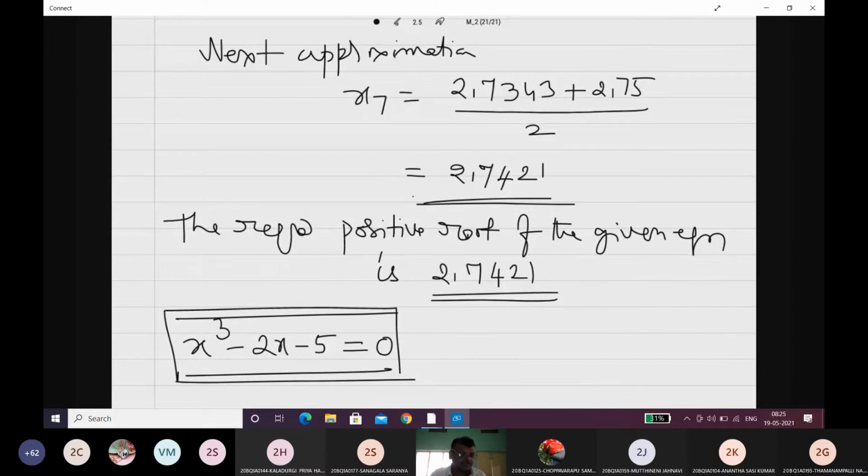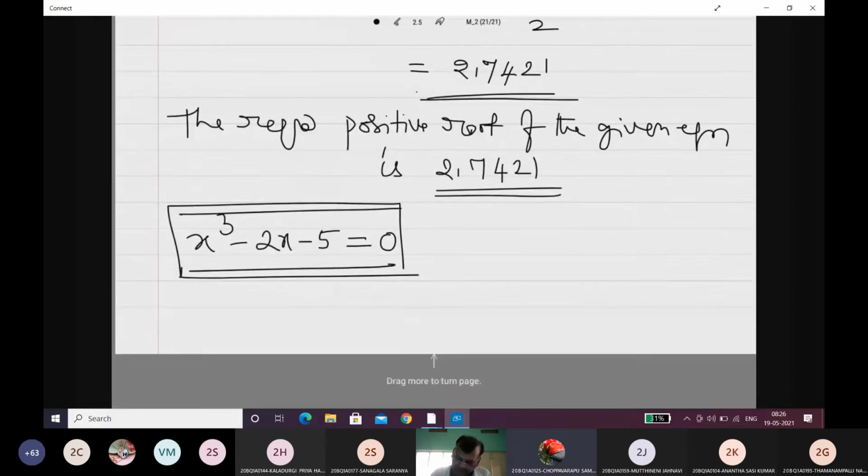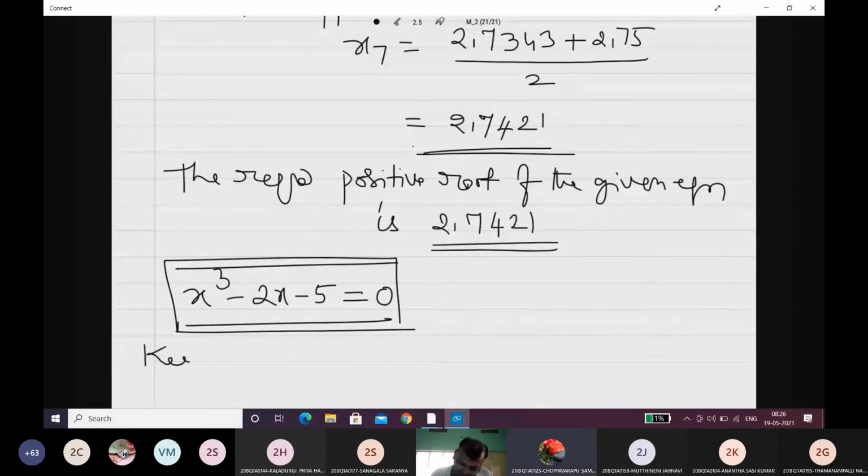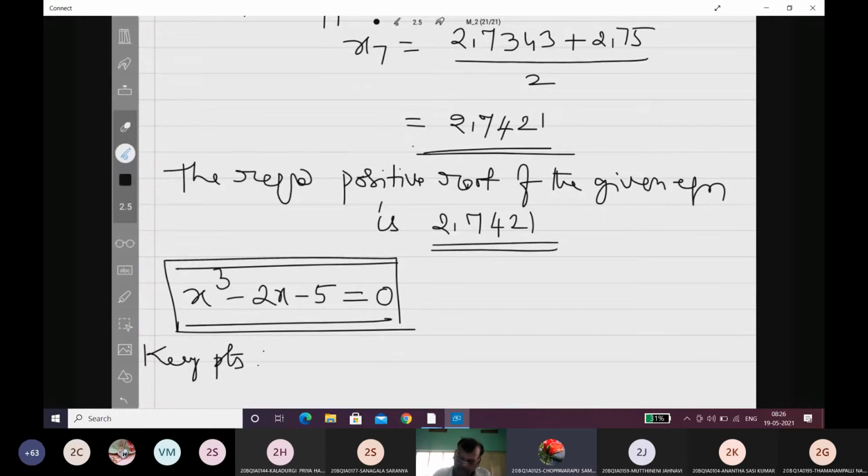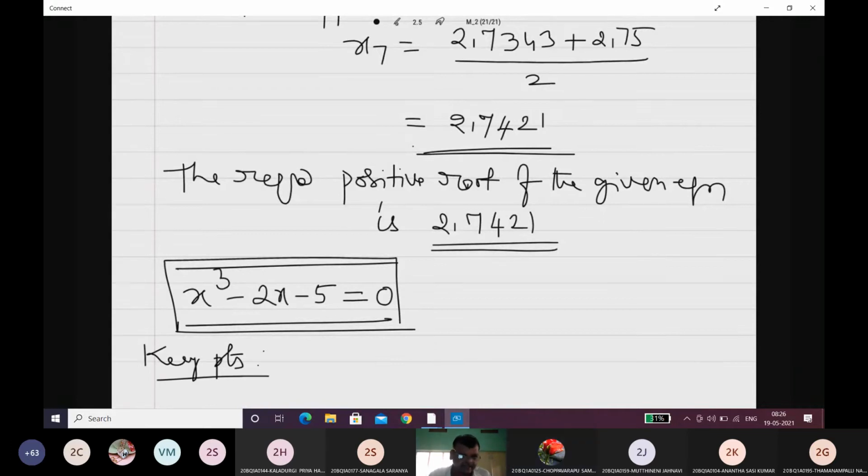At how many stages do we get convergence? Anyone? The root lies between 2 and 3 in the first stage, right? Key points. I can share the solution as a PDF, no problem. But we have to discuss the solution for this problem with those who did it.